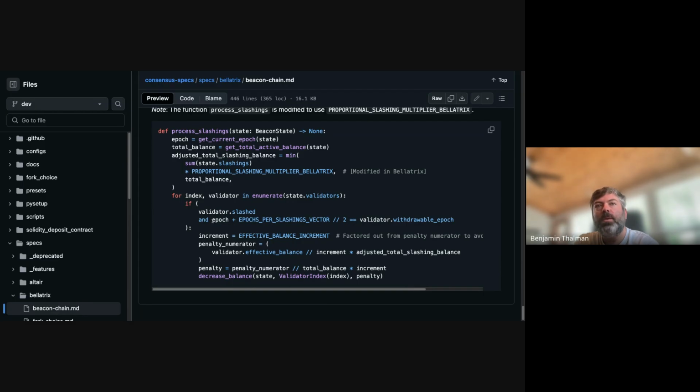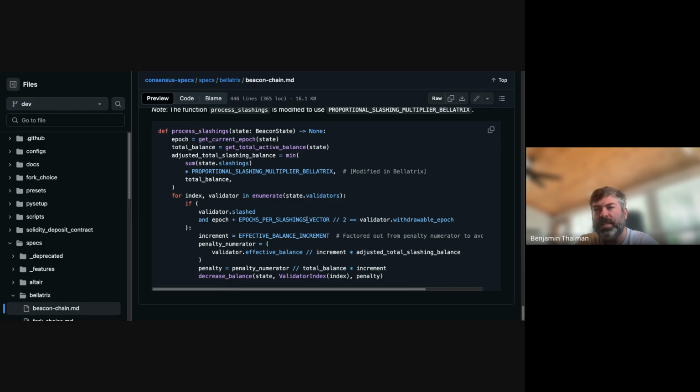So what's happening here is a check to see if the validator that's been slashed is halfway through that 36-day window. It can be a little hard to see, but this is something you can take away and look at if it interests you. But you can see basically this is giving you that half. So is the current epoch plus 18 days equal to the validator's withdrawable epoch?